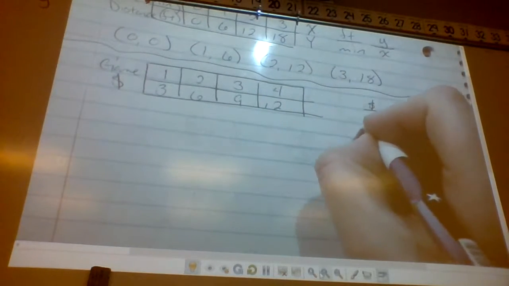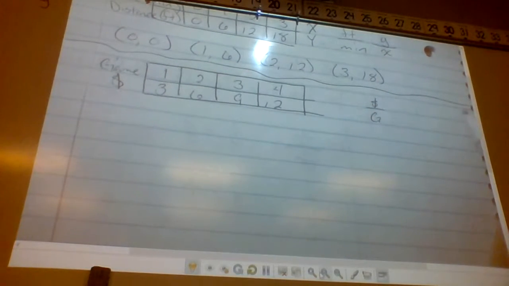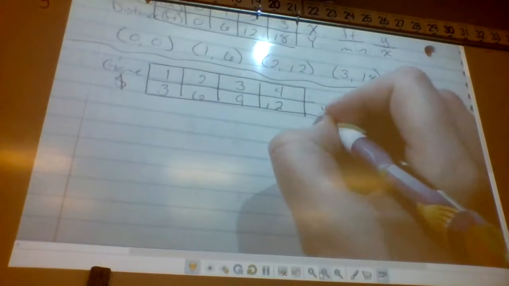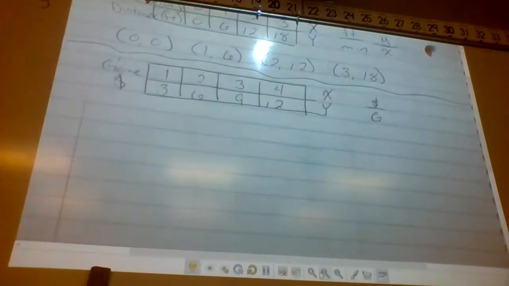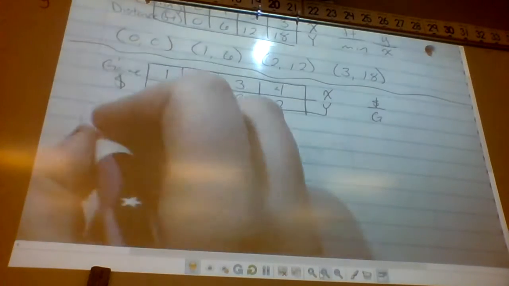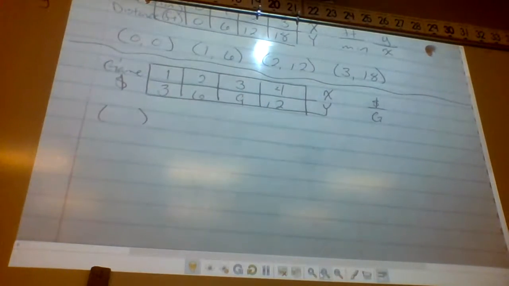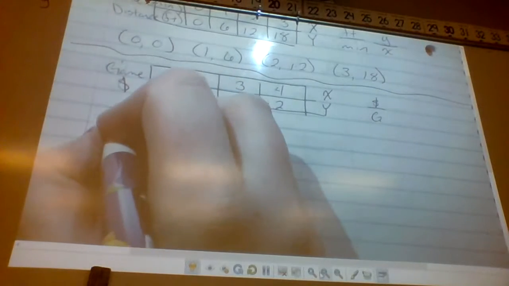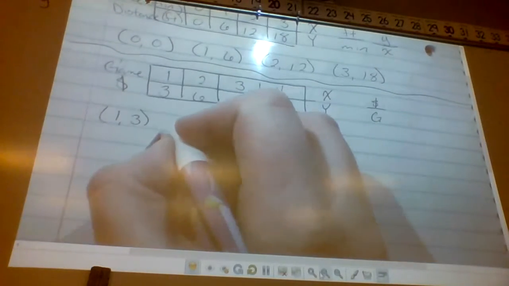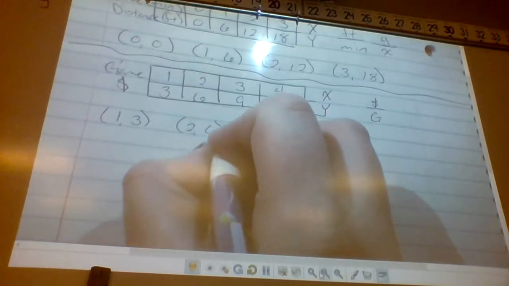Dollars per game, which means which ones are X and which ones are Y. Dollars is our Y and game is our X. There you go. We do that just so we can get our ordered pairs. What is the first ordered pair you guys see? 1, 3. Second one? 2, 6, 3, 9, 4, 12.